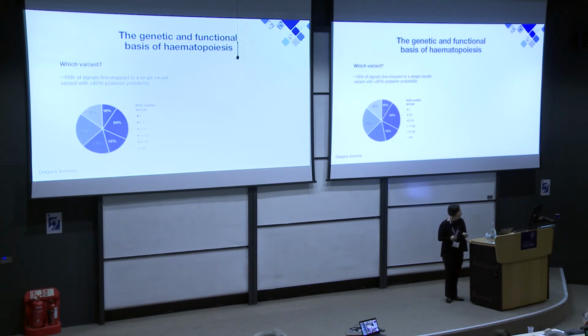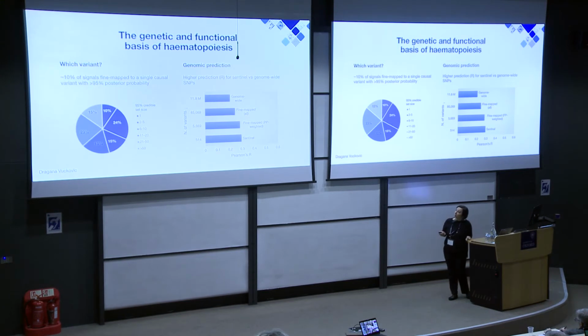Being a very well characterized data set, we can do fine mapping quite easily. About 10%, so 1,000 associations, are fine mapped to a single credible set of a single causal variant. And nearly 50% of the associations, so about 5,000 associations, are mapped to less than 10 causal variants.